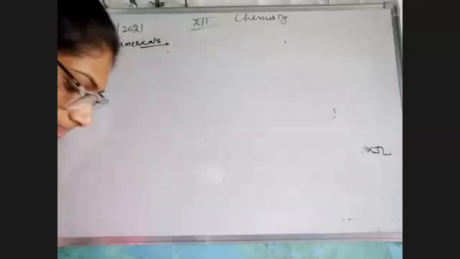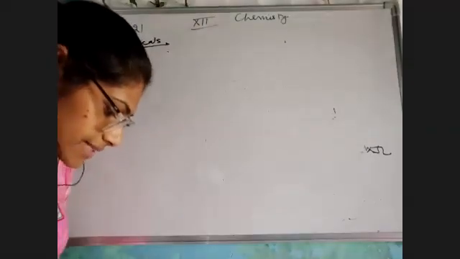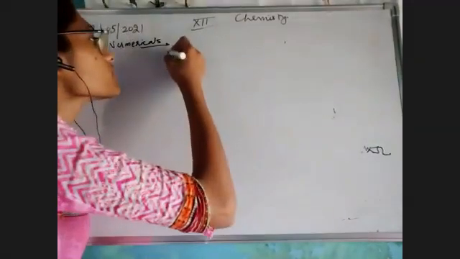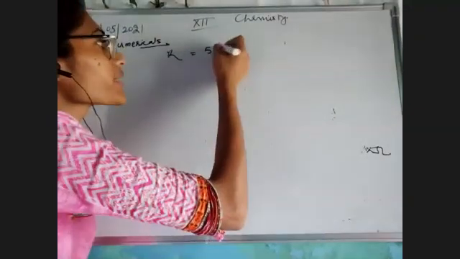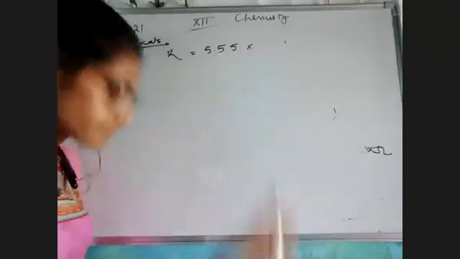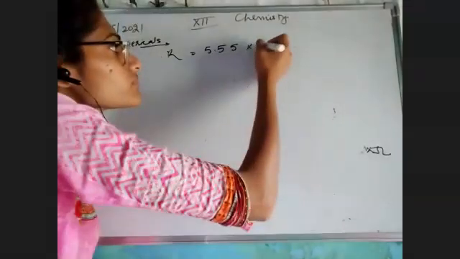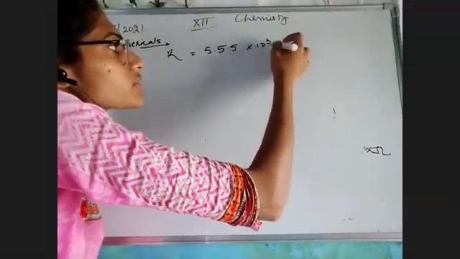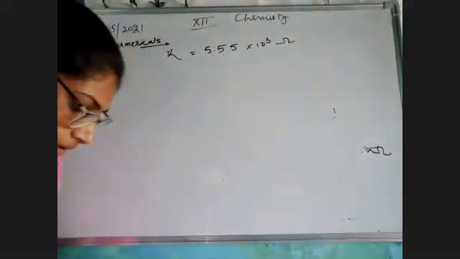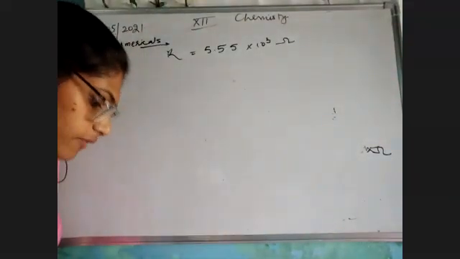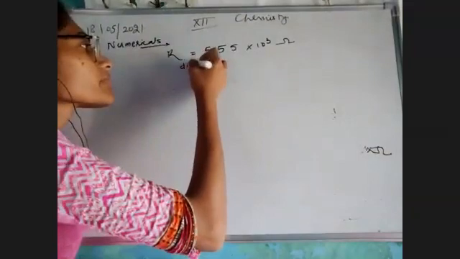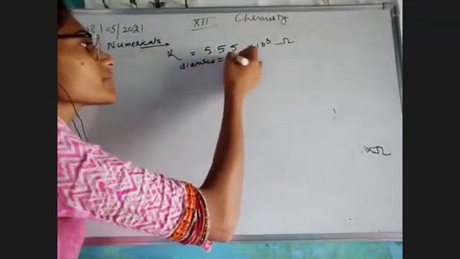The next numerical tells us the resistance of the solution is equal to 5.55 into 10 raised to power 3 ohm. The unit is in ohm, and we have been provided with the diameter equal to 1 centimeter.